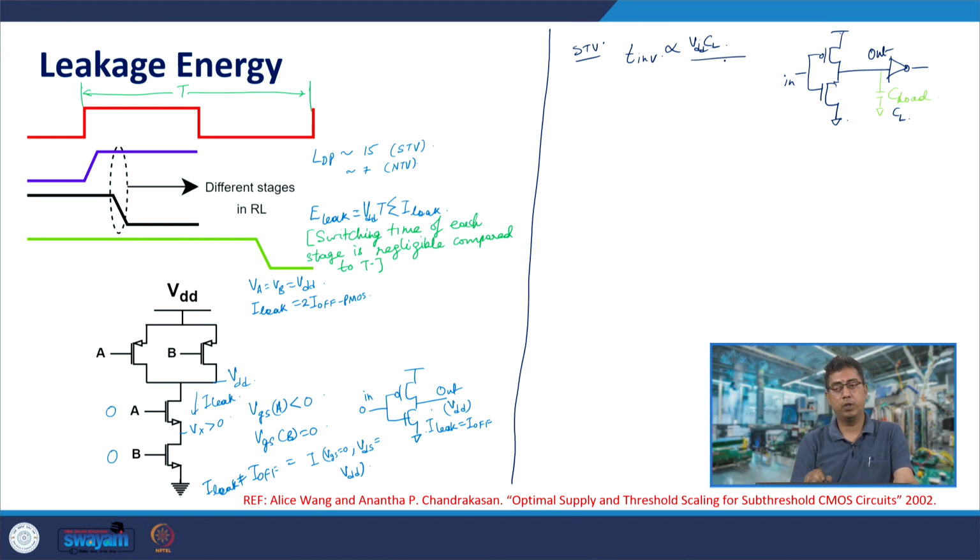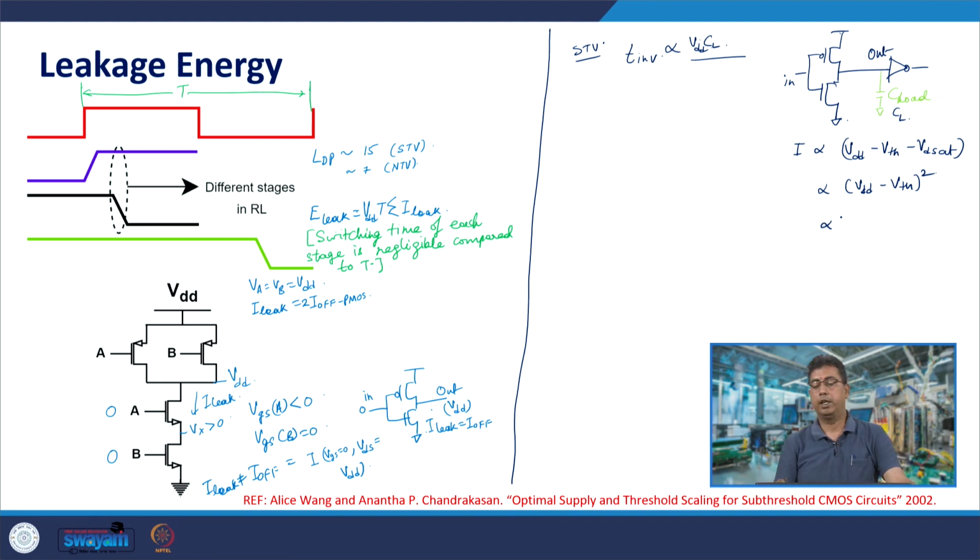Now we are operating in a near threshold regime, that is, you are quite close to the threshold voltage or slightly below the threshold voltage. So, what is the current that you would have? The current would again be, in a super threshold voltage regime, if we are assuming velocity saturation, proportional to typically VDD minus VTH minus VD sat. And for pinch off related saturation, it would be proportional to VDD minus VTH square.